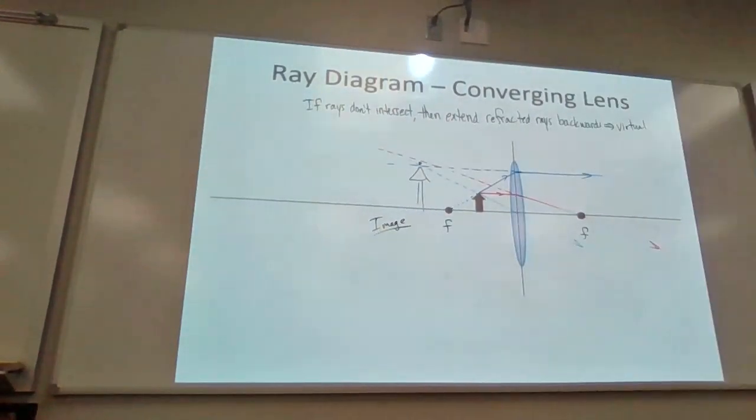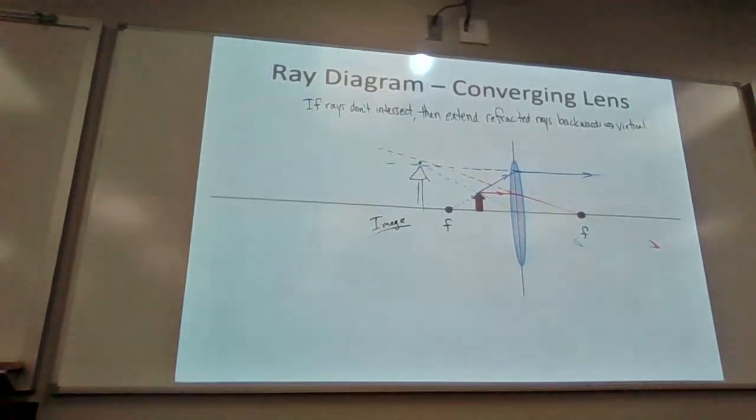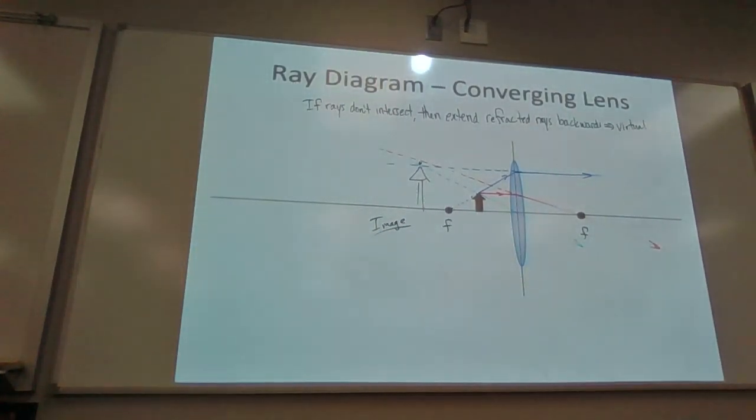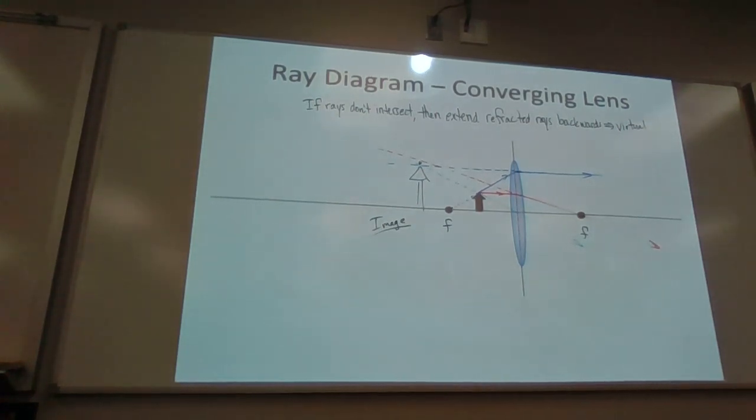Tell your neighbor. Wait, are they supposed to intersect? Be close. If the green one was a bit higher, it'd be right here. Okay, so it's virtual. What is opposite?